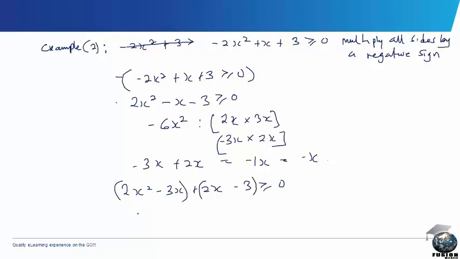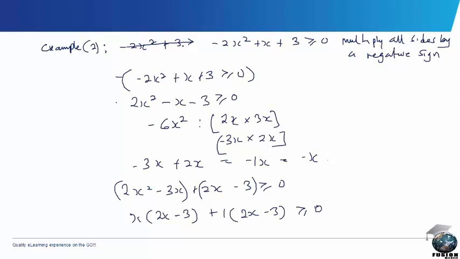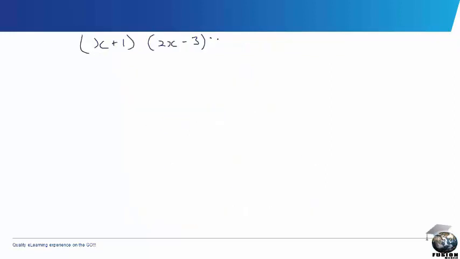The factor that can come out of the first bracket is x, and then you have 2x minus 3, and some other factor can come out of the second bracket, which is just 1. Then you have 2x minus 3 remaining. We have x plus 1 as one factor, and 2x minus 3 as the other factor, both greater than or equal to 0.